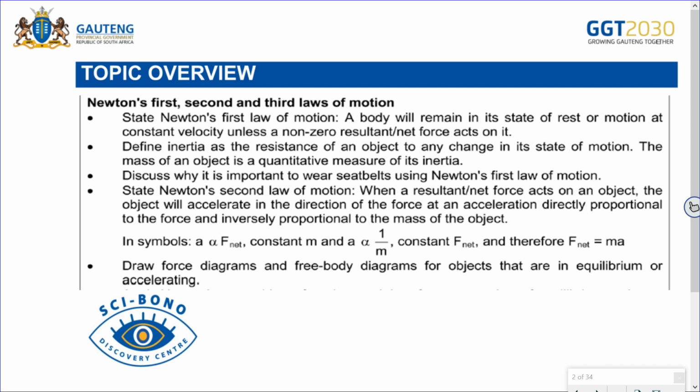And then discuss why it is important to wear seat belts using Newton's first law of motion, and also state Newton's second law of motion: when a resultant or net force acts on an object, the object will accelerate in the direction of the net force, and acceleration is directly proportional to the force and inversely proportional to what? To the mass of an object, right?